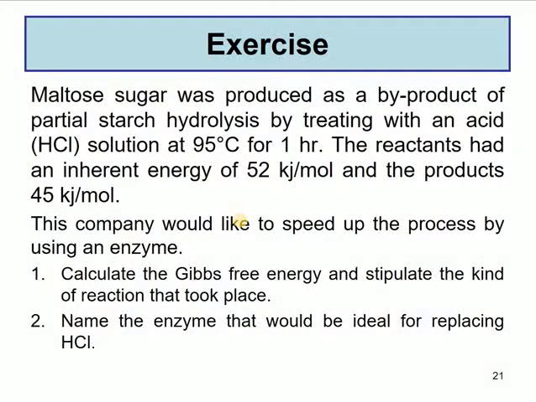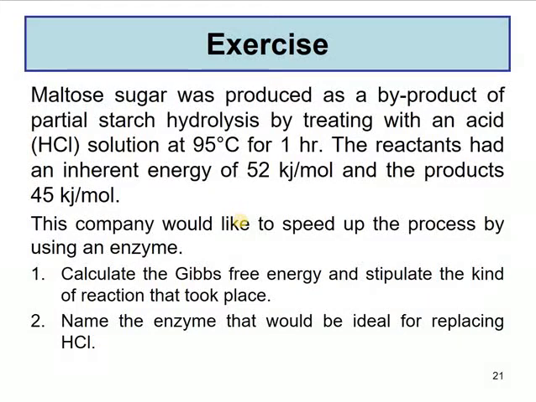This was done by treating with an acid solution at 95 degrees Celsius for 1 hour. The reactants had an inherent energy of 52 kilojoules per mole, and the products 45 kilojoules per mole. So you are given all the parameters. You are told it's maltose sugar, formed during starch hydrolysis.